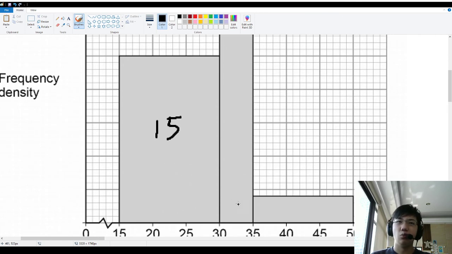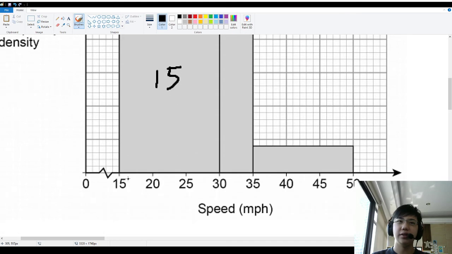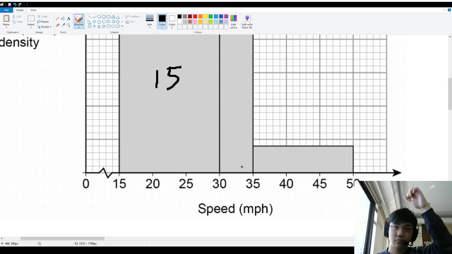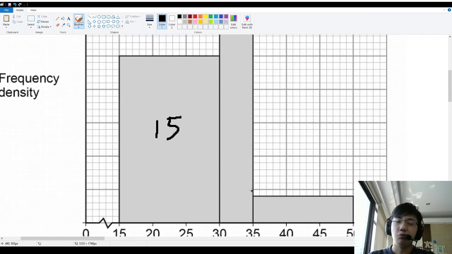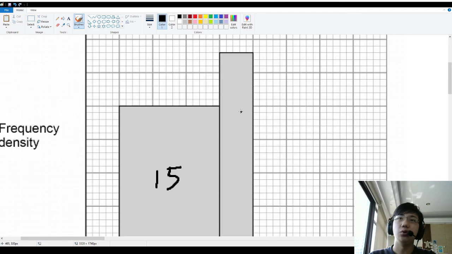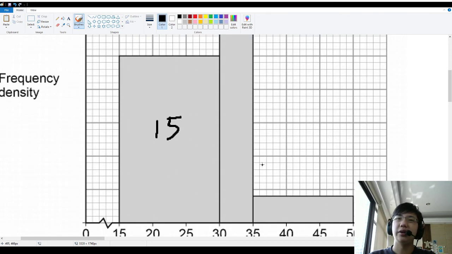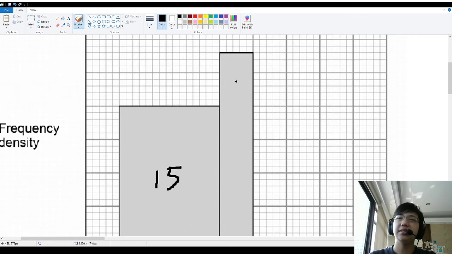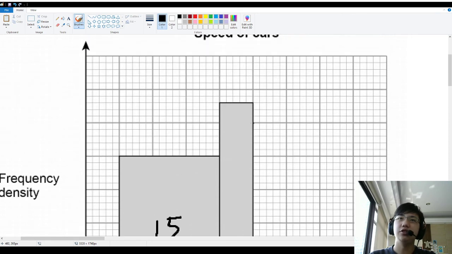there's the width of 1 square. So 1 square is an increase of 5 miles per hour. So you have 1, 2, 3, 4, 5. No, wait. 1, 2, 3, 4, 5, 6. And then this part here, so 6.2, 6.4, 6.6 squares.